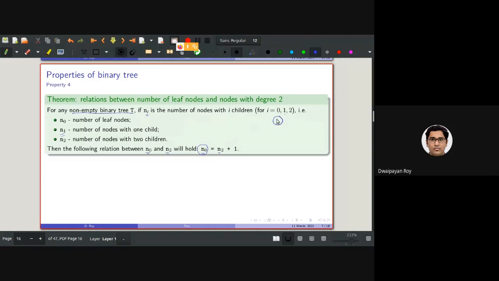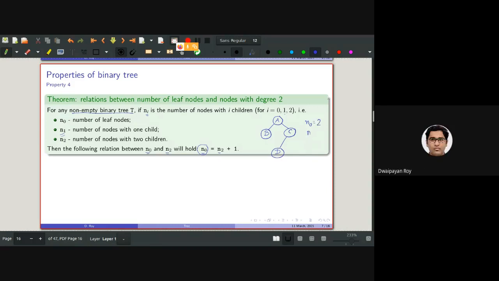So let me draw this one. If I draw like this, here, what is the value of n0? n0 is 2.